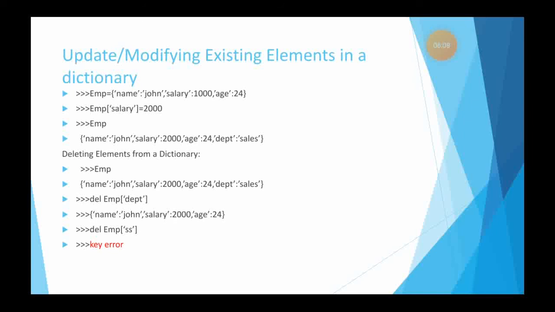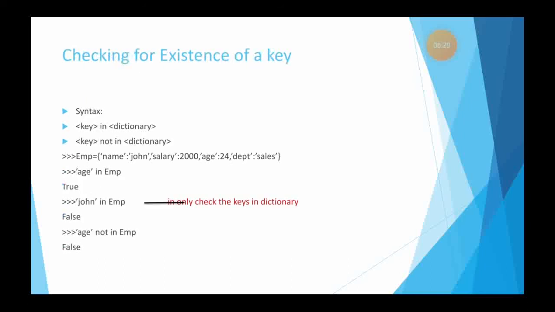What is the syntax? Dictionary name, square bracket, key equal to value. How can we delete elements in a dictionary? We can use the keyword del, space, dictionary name, and in brackets mention the key alone. It will delete the key value pair in the dictionary.